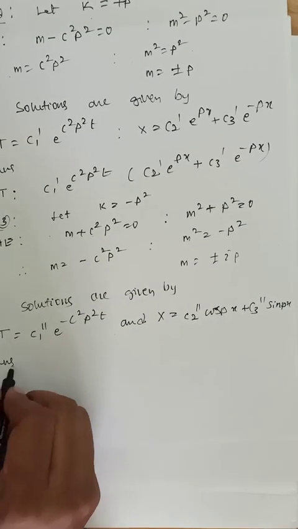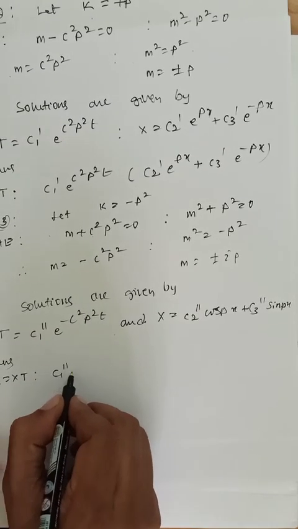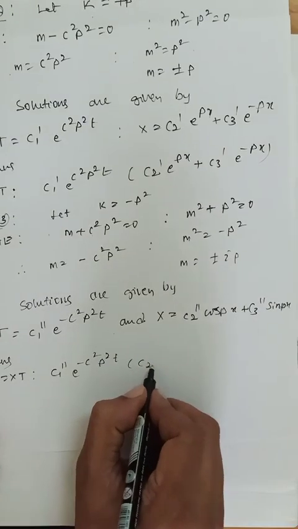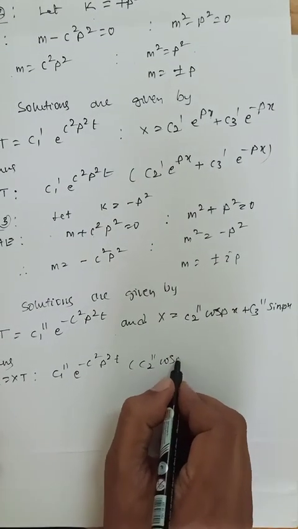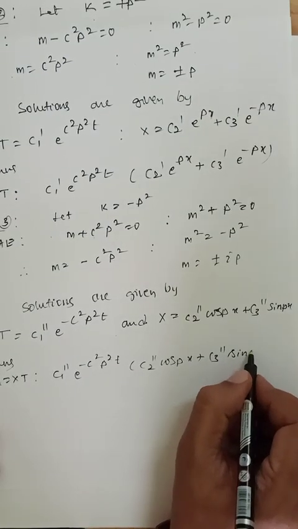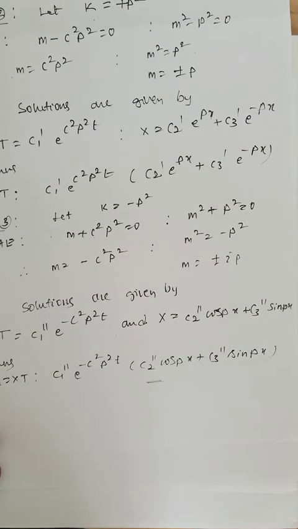Thus u = XT = c1'' e^(−c² p² t) (c2'' cos px + c3'' sin px). So this is the required solution.